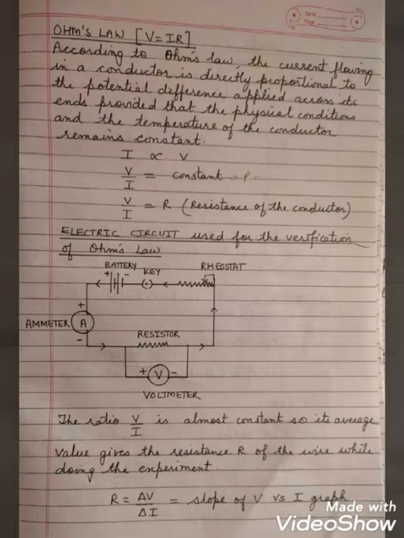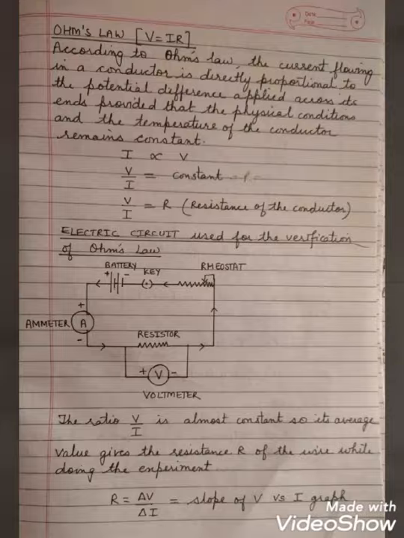The ratio V upon I is almost constant, so its average value gives the resistance R of the wire. So while doing the experiment, we can write R is equal to delta V by delta I, which is equal to the slope of the V versus I graph.